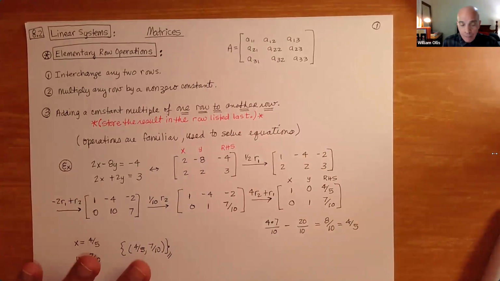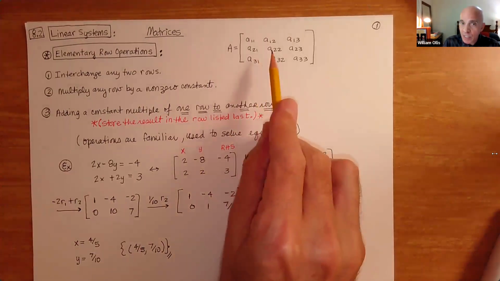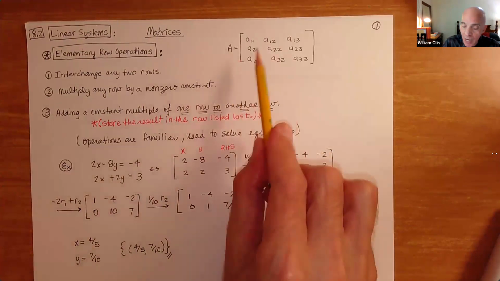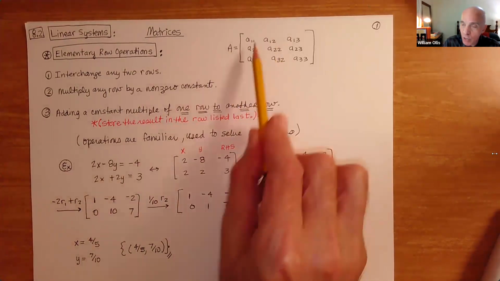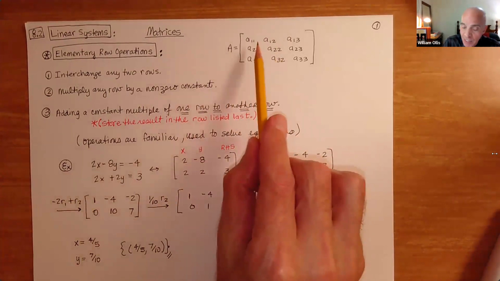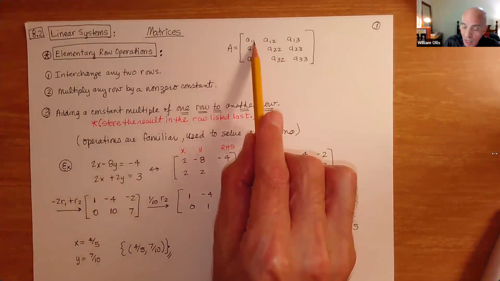Now, you're thinking x, y, z, w, those are great letters for variables, just our regular alphabet. You can also think of utilizing subscripts. Notice here, I have a matrix that has 3 rows and 3 columns, and I've designated the row first and the column second.